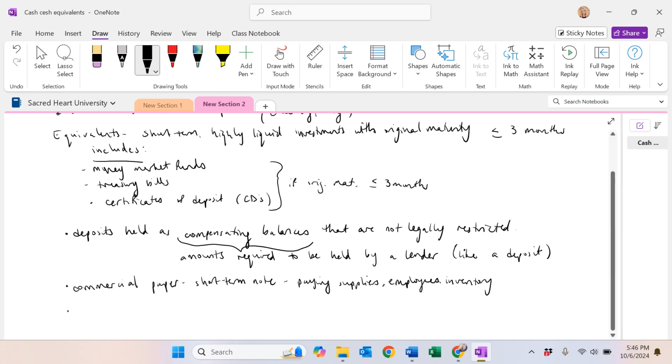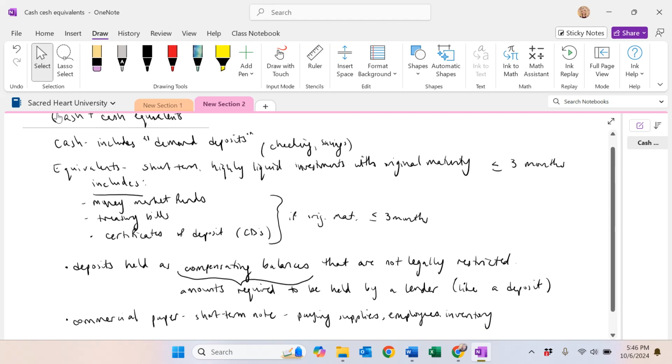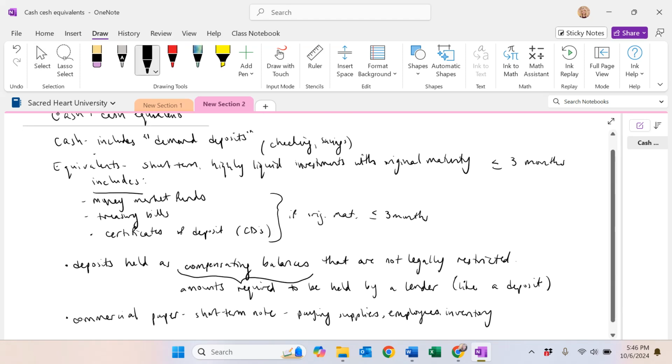Finally, another item to add, not so much under the equivalents, but under cash, one term to note in addition to demand deposits is petty cash. Petty cash just gets upset about every little thing. Oh no, that's not right. It's not that type of petty. Petty cash is a small amount of cash that is left on hand, in actual cash rather than in a bank account.